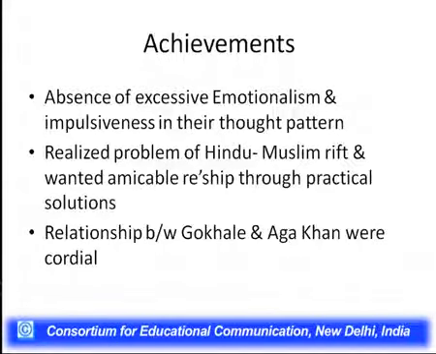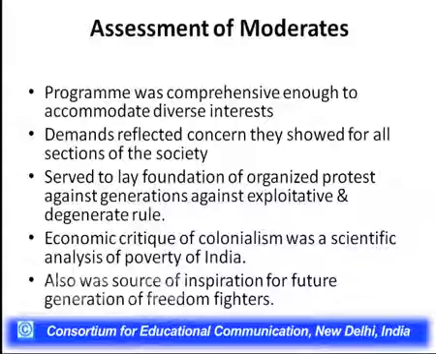So, when we try to make an assessment of the moderates, we see that their program was quite comprehensive in nature. They were able to take into account various interests at different levels, and the demands reflected various sections of society.